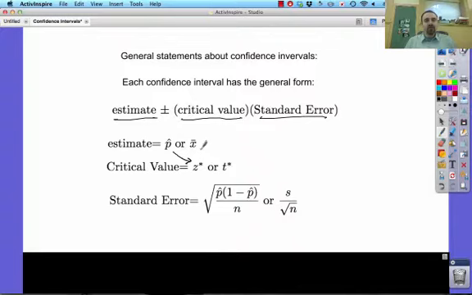If the estimate we're looking at is x bar, the critical value will be t star. If we're looking at proportions, then our standard error is this. If we're looking at means, our standard error is this. It's pretty cut and dry, really. This actually appears on the formula sheet in a certain form for the AP exam. You do not have to memorize this, but you do need to know how it's all put together.